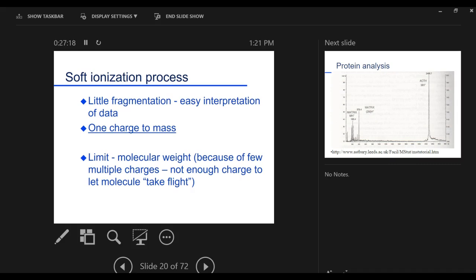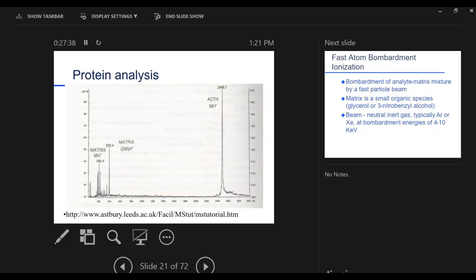So I can go up to maybe 5,000 to 10,000 mass and I can get them going. But if I want to look at beta-lactoglobulin at 18,276, it doesn't go anywhere. So much for that one. And that's why we have to use other techniques. So one charge per unit mass, limit molecular weight, and so that's our problem.